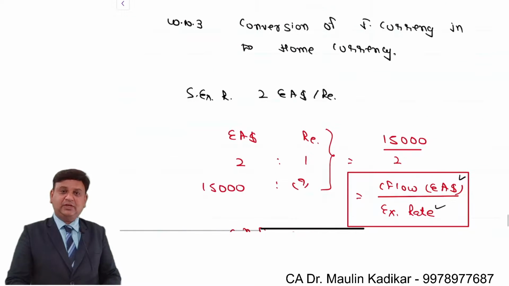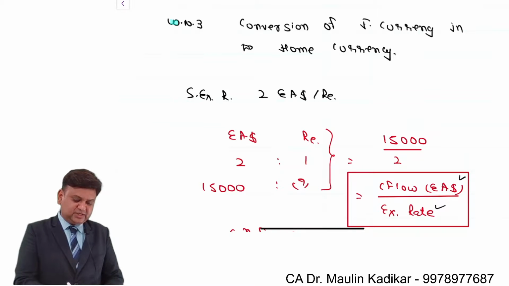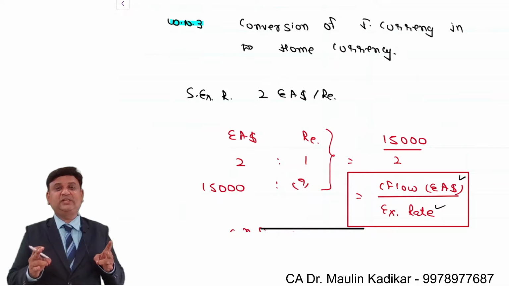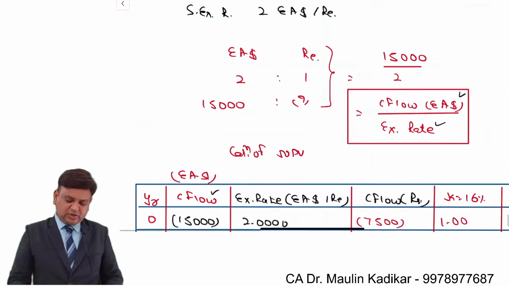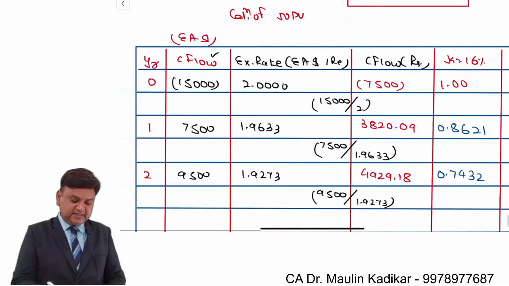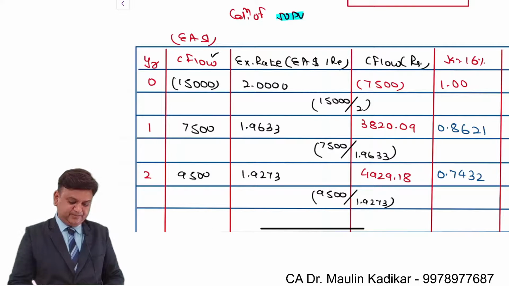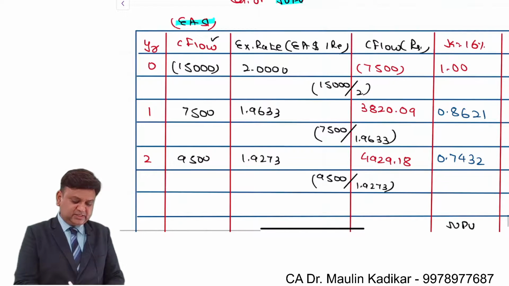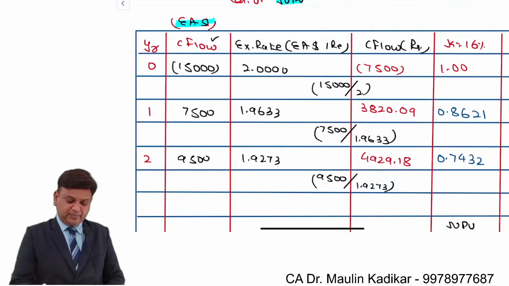Then conversion of the foreign currency into home currency. This working note is just to make sure that there is no silly mistake, so not a very significant working note. And of course, this answer is very important. This is the cash flow in East African dollar terms. Using the exchange rate, it has been converted into domestic terms.